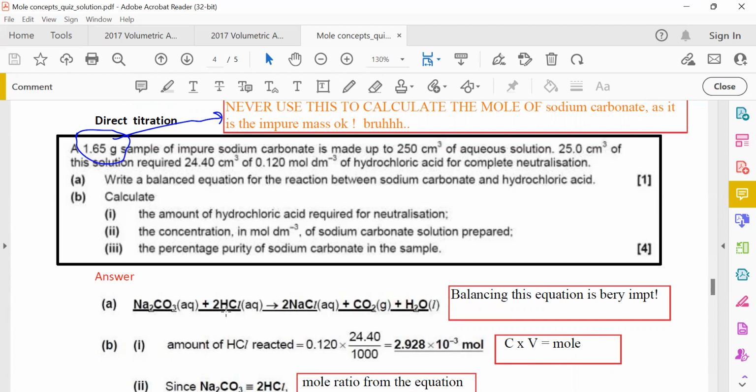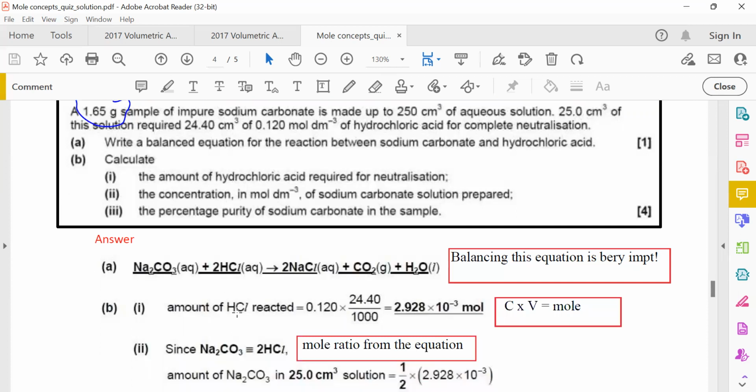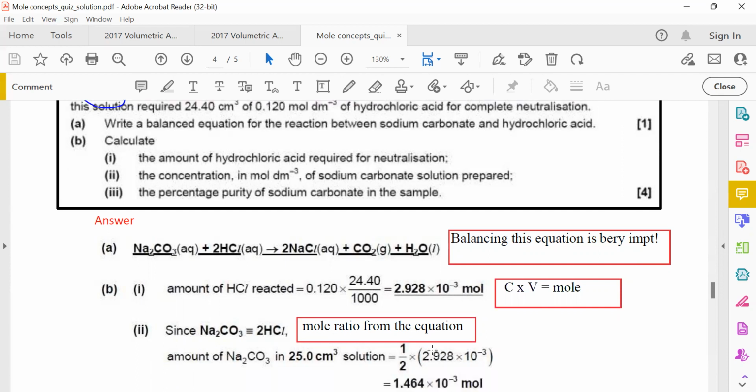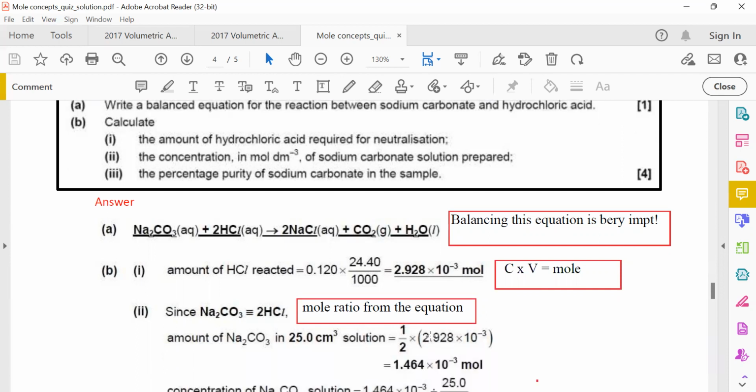In IB, they want you to understand all the chemical equations between acids and carbonates, acids and bases. All these are basic equations that we need to know. So based on the balanced equation, the mole ratio of sodium carbonate to HCl is 1:2, and therefore you require less, and that's why you halve this 2.9 to 8 times 10 to the power minus 3.